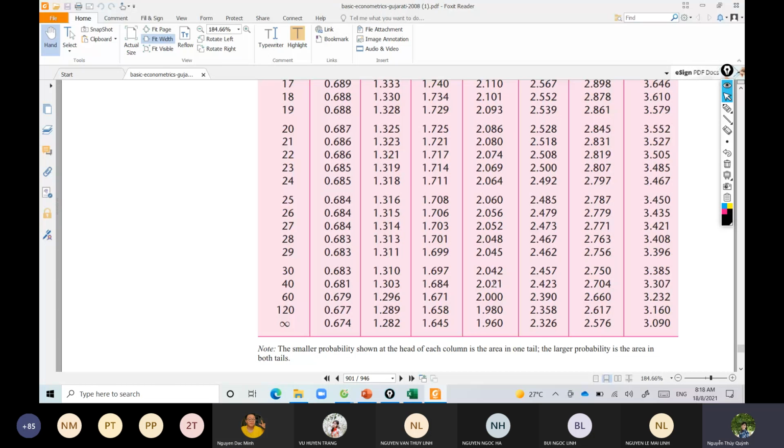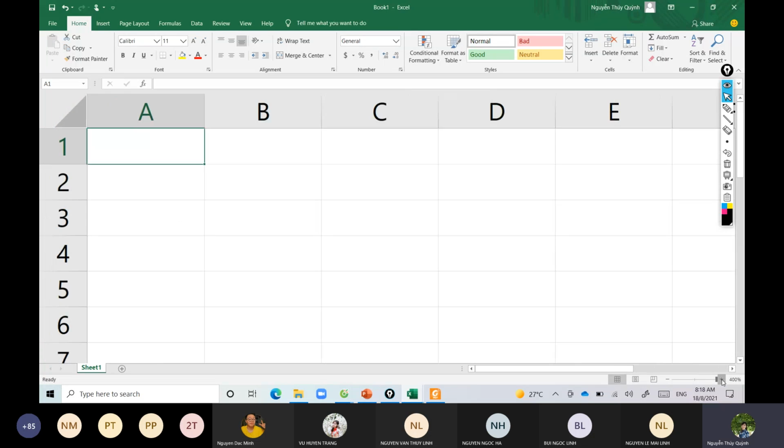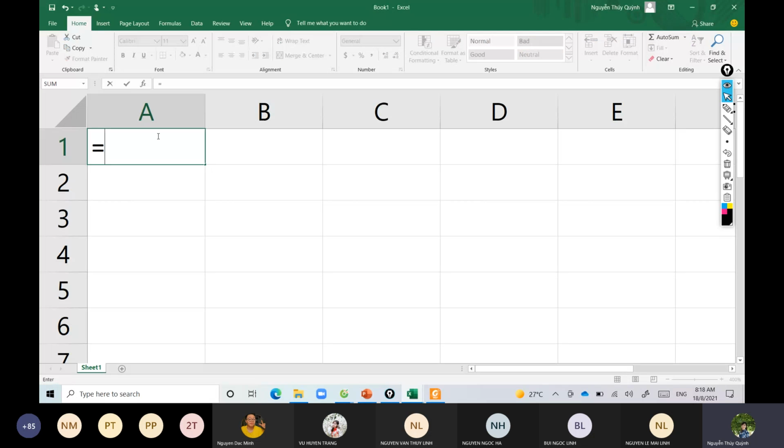But you can also use Excel to get the exact value of the critical t. We have a function in Excel to determine the value of critical t. If you are conducting a two-tail test, or constructing a two-tail confidence interval, then use the function T.INV.2T.